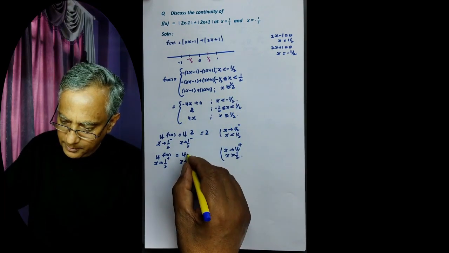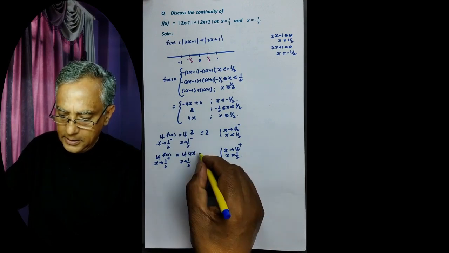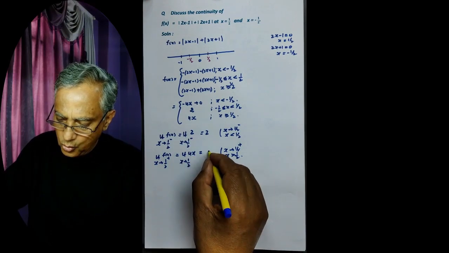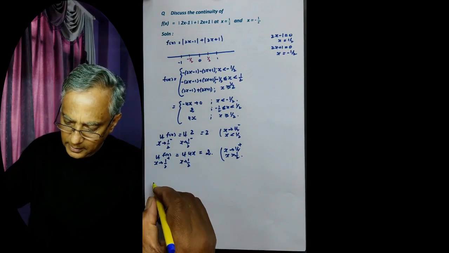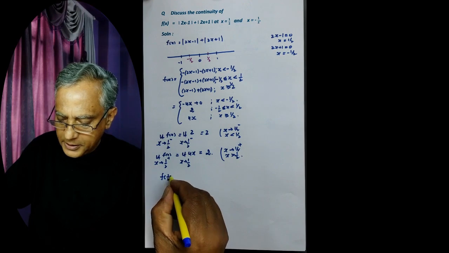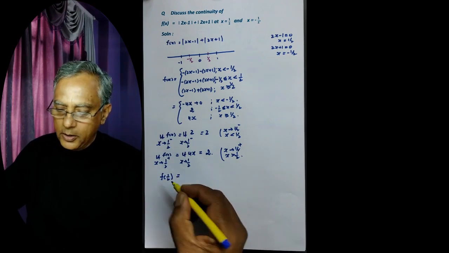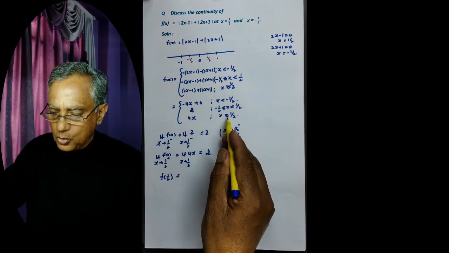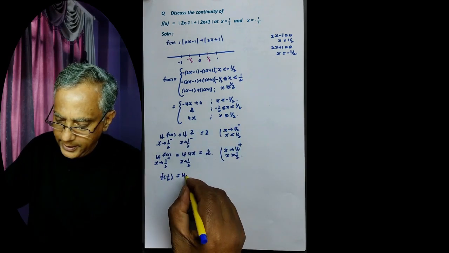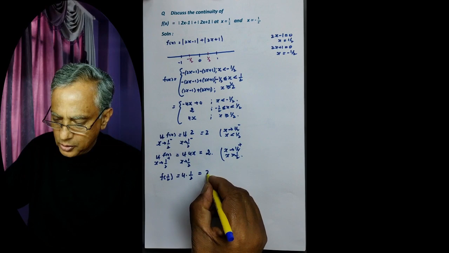So this will be 4x. Now put x equal to half here, we get 2. Now the third thing is f of half, the value of the function at the point involved, that is half. So x equal to half, we will get the value from here. This is 4 into half, that is 2.